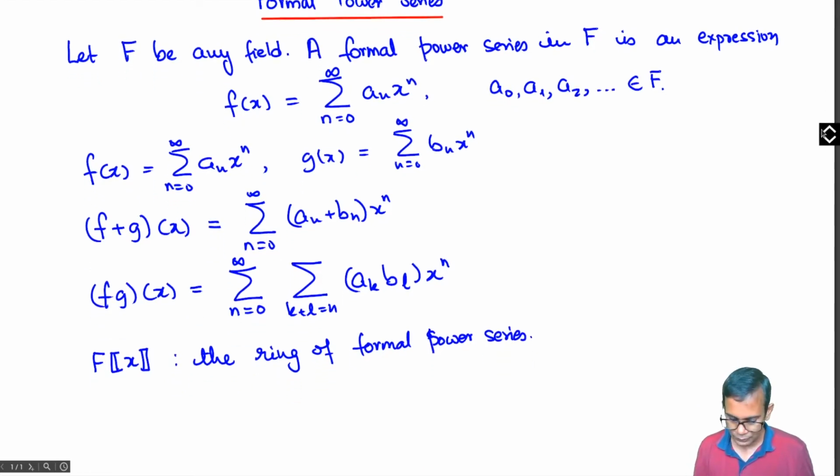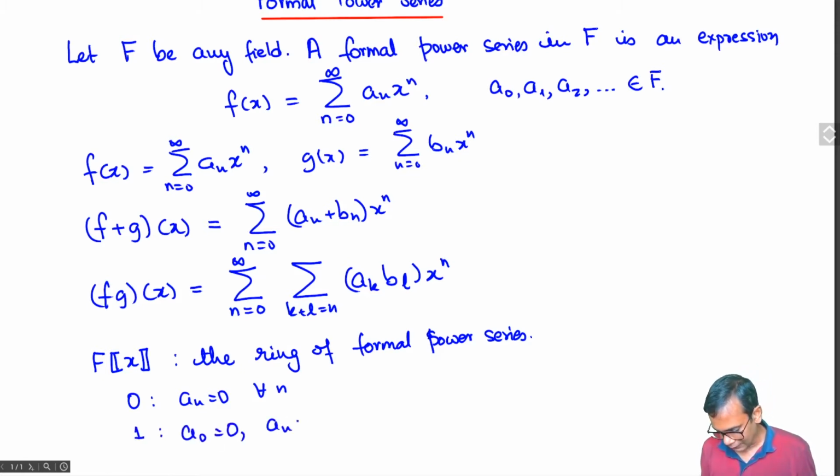It has a notion of addition and a notion of multiplication, and these satisfy the axioms for a ring. I should point out that in this ring, 0 is just a_n equals 0 for all n, and the multiplicative unit 1 corresponds to a_0 equals 1 and a_n equals 0 for all n greater than 0.